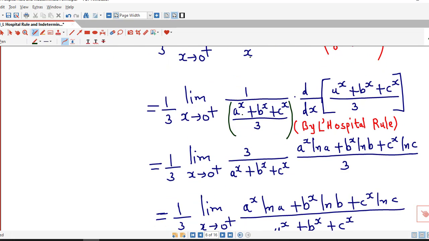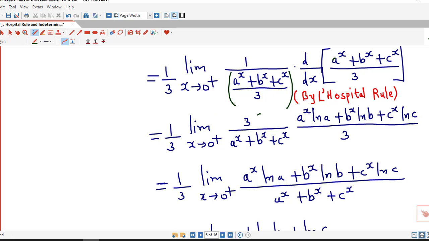This 1 over this bracket can be rewritten as 3 over a^x + b^x + c^x. Here 3 is a constant, so that remains as it is. The derivative of a^x is a^x log a. Similarly, the derivative of b^x is b^x log b, and the derivative of c^x is c^x log c.